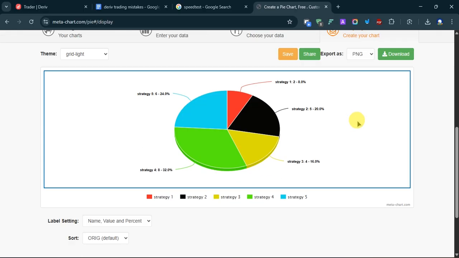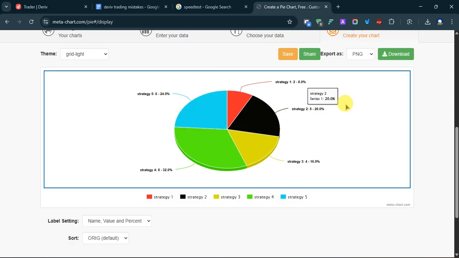For me, I just pick around 5 strategies, and then for each strategy I test it 10 times, and then out of those 10 times I see how many wins I get in those runs. So here you can see for my strategy 4 got 8 wins out of 10, which is a good strategy, because in all those wins it contributed 32% of the wins.